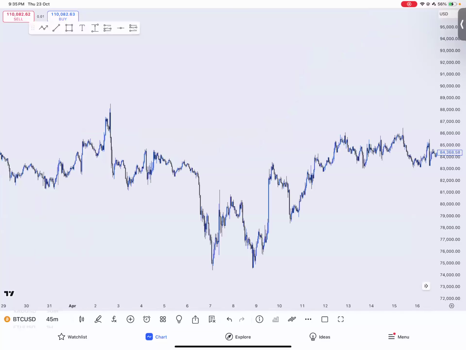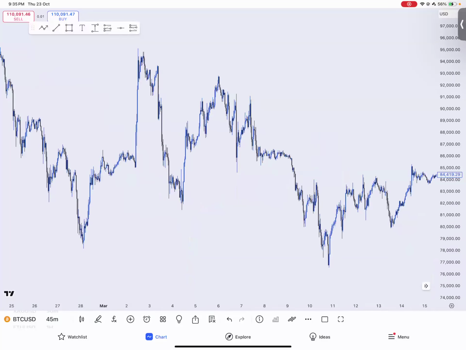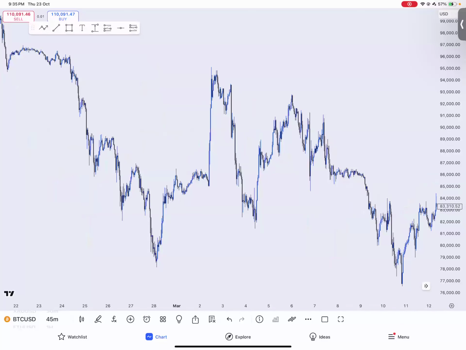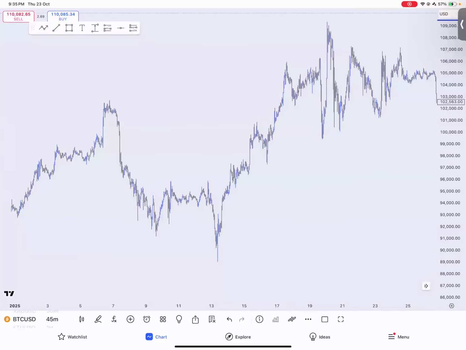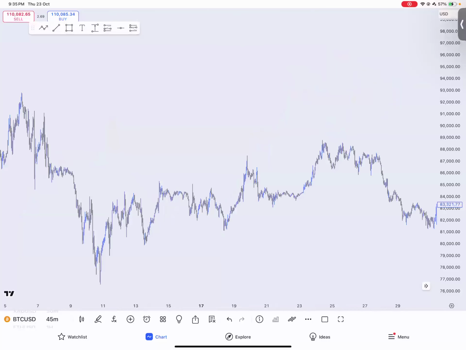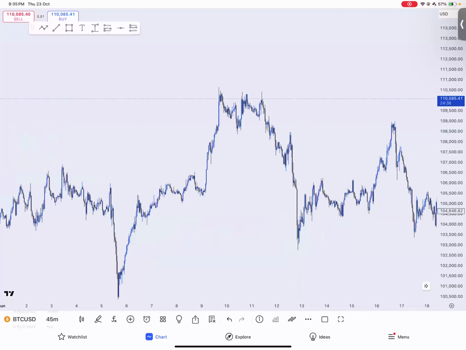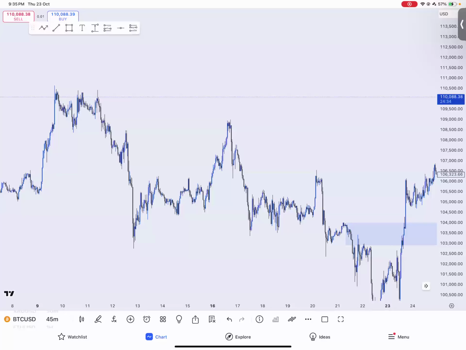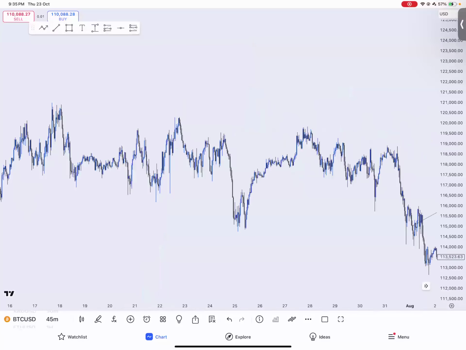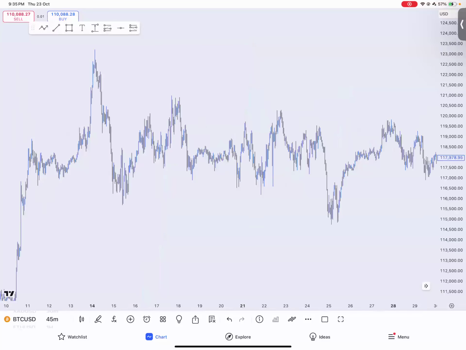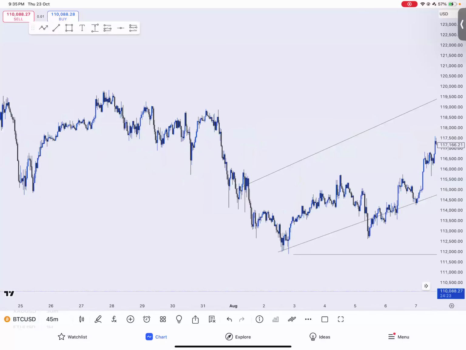I want to see, there were trades that we took last week that I want to use as an example. So let me see. I want to see a trade.